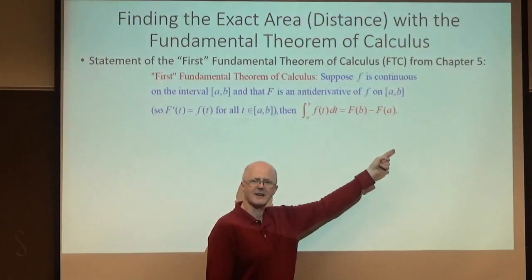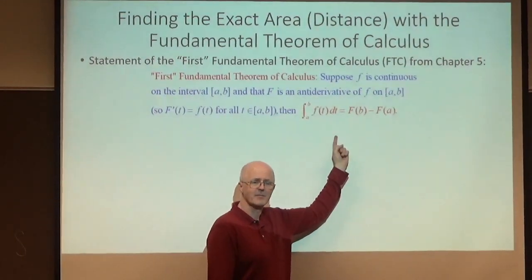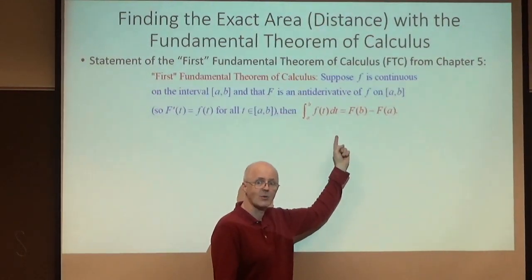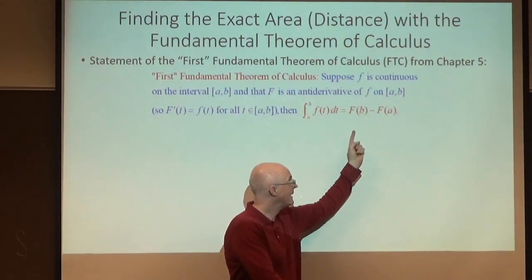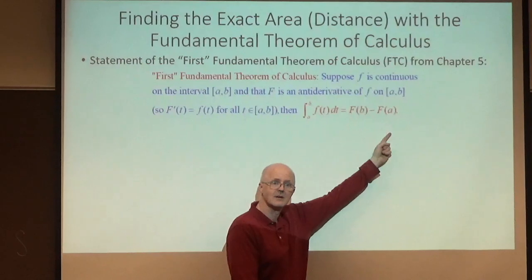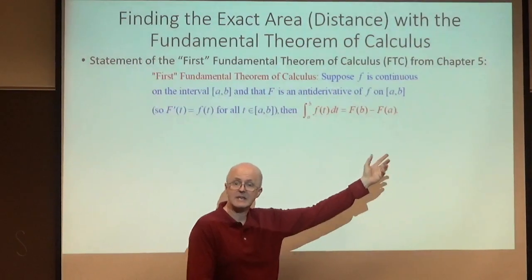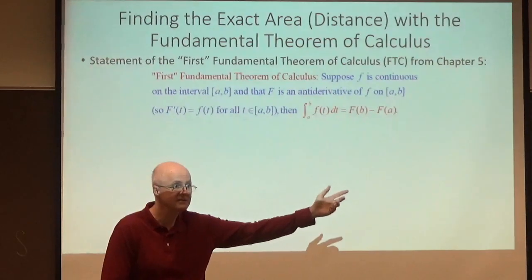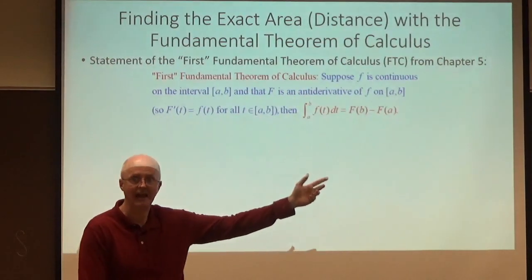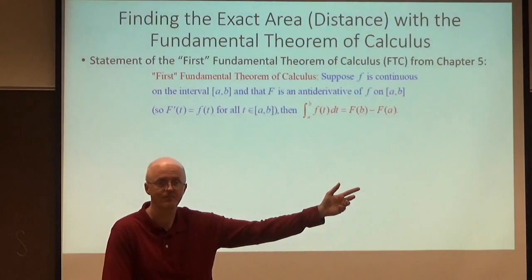It's pretty amazing. Do the integral, find the area, or the signed area if the graph goes negative, by doing a difference. This is definitely a useful thing if you can figure out what capital F is. If you can figure out an antiderivative for little f.